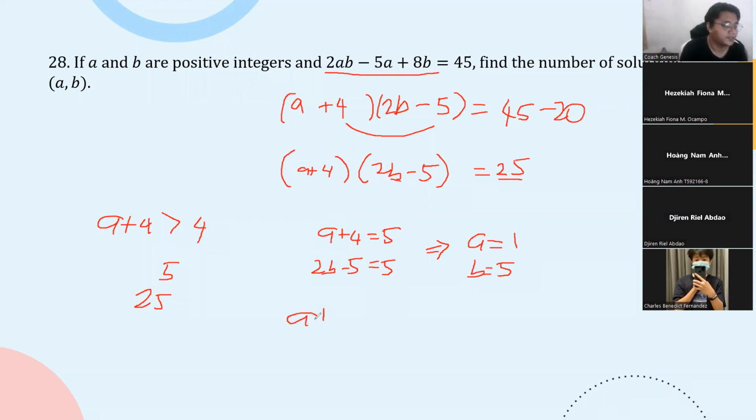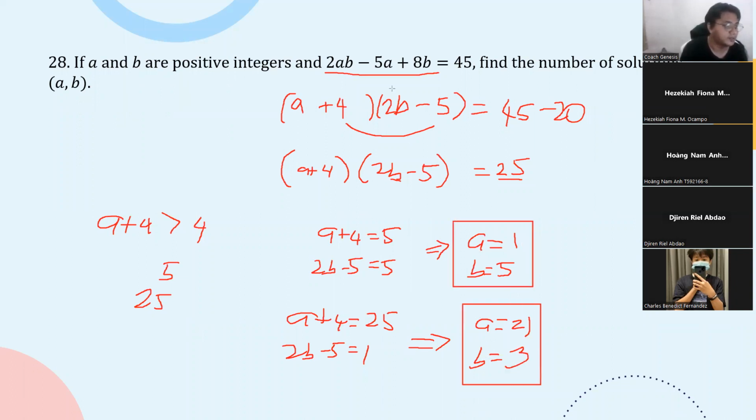However, if you have a plus 4 is equal to 25 and 2b minus 5 is equal to 1, this will also give you a is equal to 21 and b is equal to 3. So there are two solution sets.